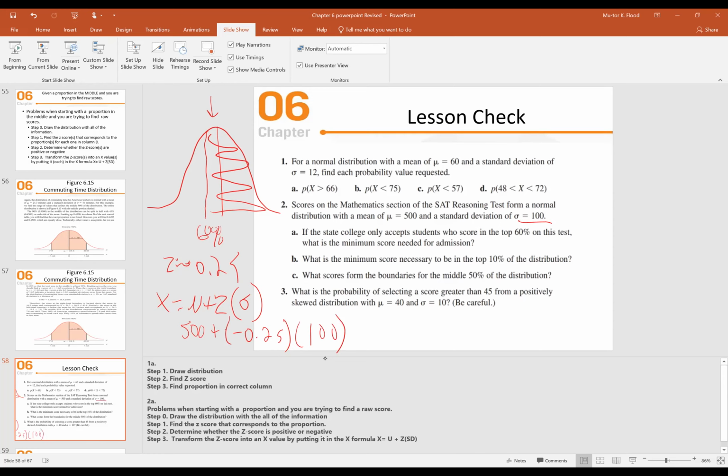And if we add all of that up, that gives us x equals 475.